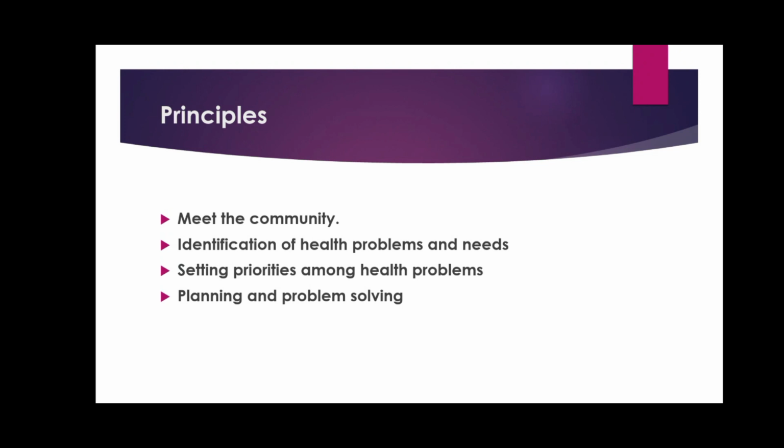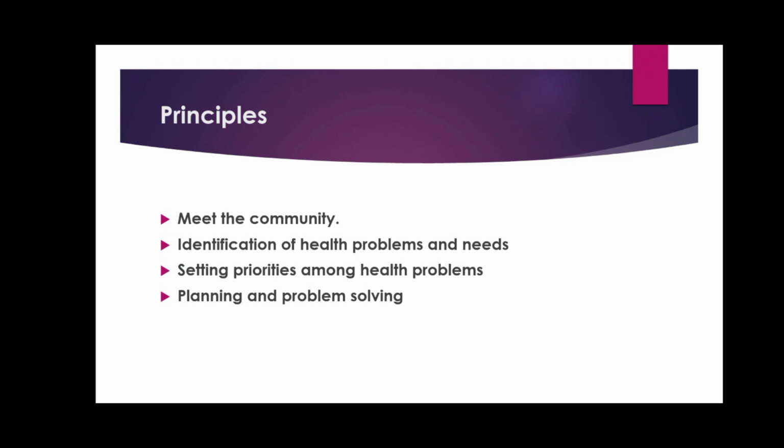So in the second principle, the community health nurse identifies the health issues among the community people by scrutinizing the records of the primary health center and sub-center, where all health records are recorded.